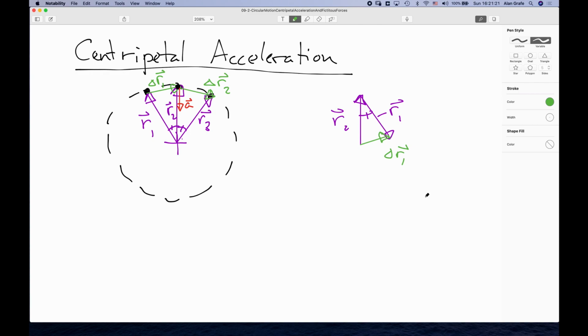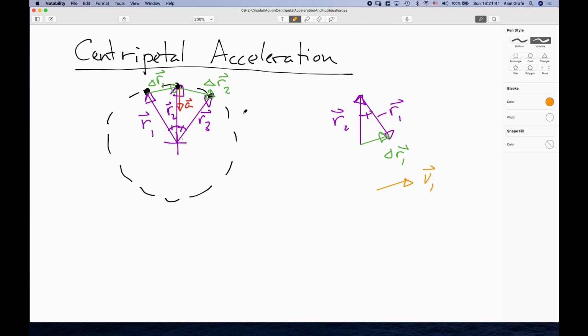Okay, but this also means that the average velocity over this time interval is going to point like so. We'll call that V1.